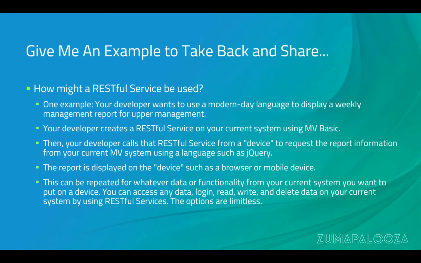Next, an application is built on a web page or a mobile device by a web developer to request that information via a RESTful service. Because web developers already understand JSON and RESTful services, they can start developing immediately. The options are limitless for what you can do without touching your existing application.